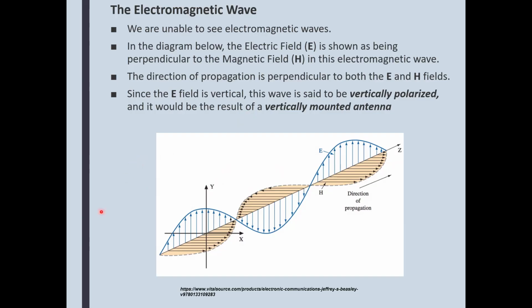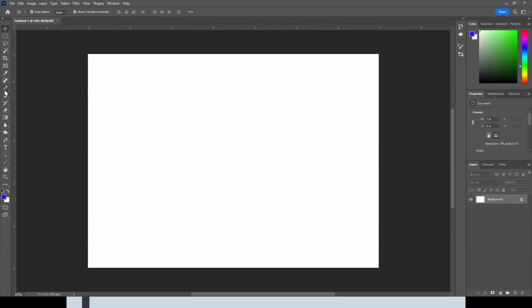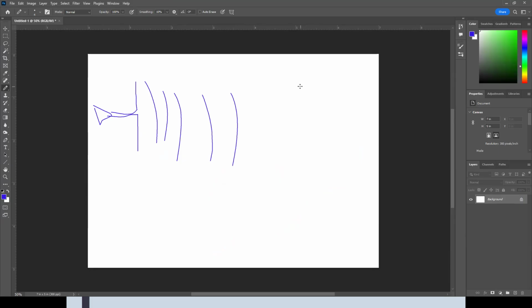If you have an antenna, here's a transmitter that transmits waves that are vertically polarized, it is a good idea to have a receiving antenna somewhere that is also vertically polarized.